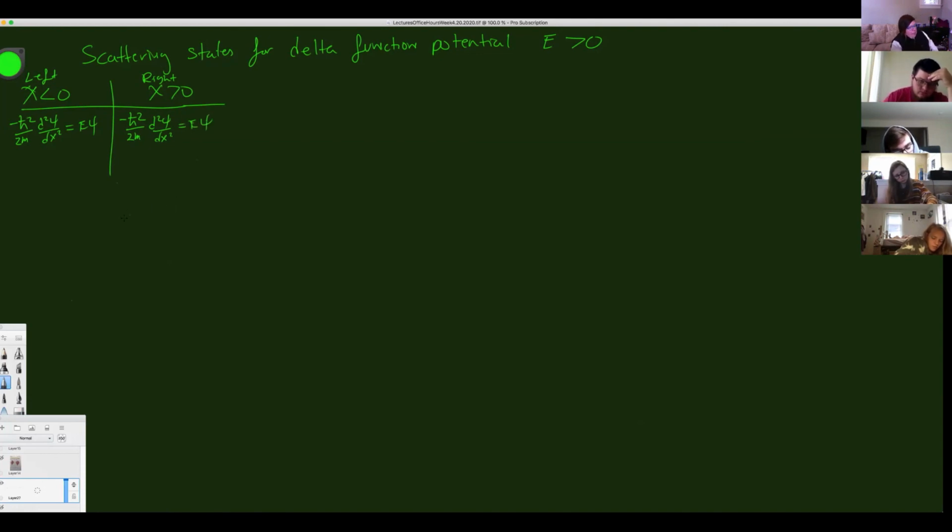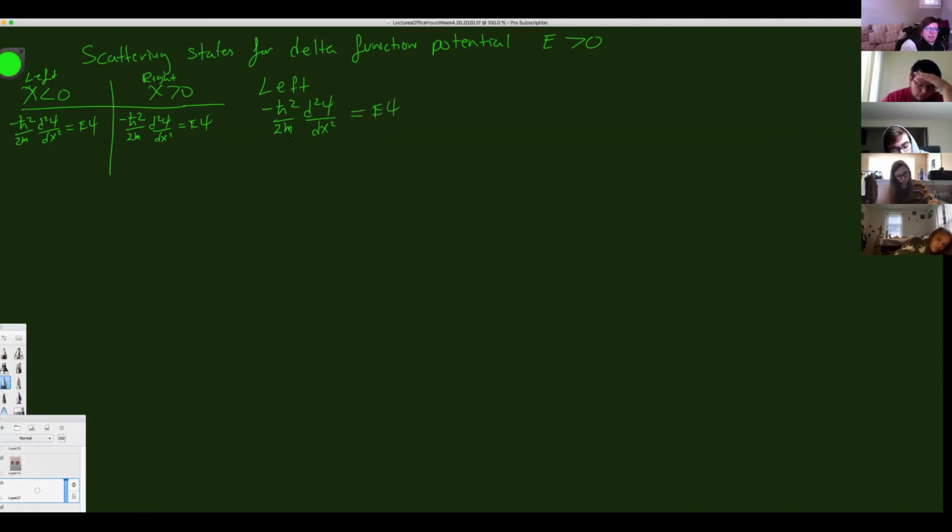So let's rewrite this. We're going to solve for the left first, I think. Yeah, left. So we'll go minus h bar squared over 2m d squared psi dx squared equals E psi.